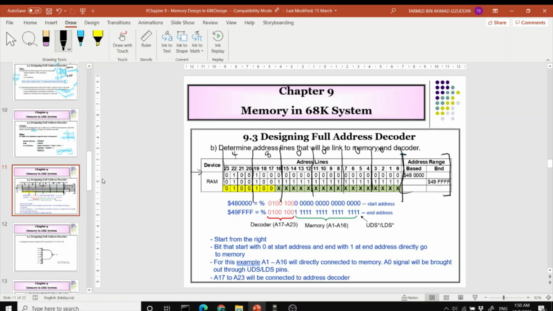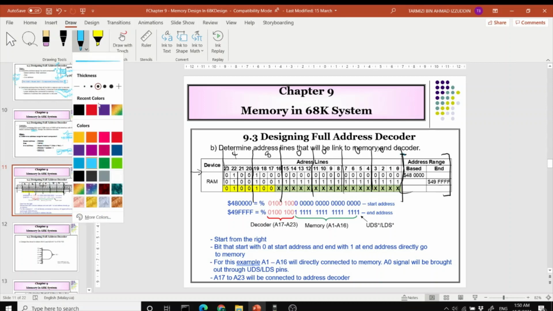And then next you need to put in the end address on the second row. I change the color, maybe I can change this to red.